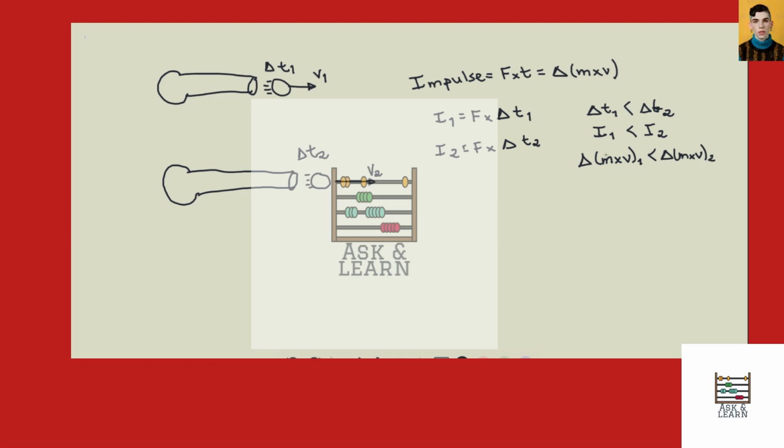If we assume that both cannonballs have the same mass, we can also infer that V1 is going to be smaller than V2, and that's how we know that the cannonball in the second case is going to be faster than the cannonball in the first case.